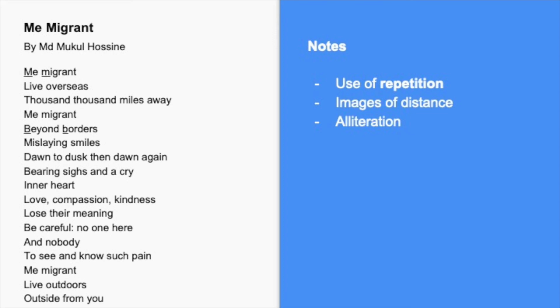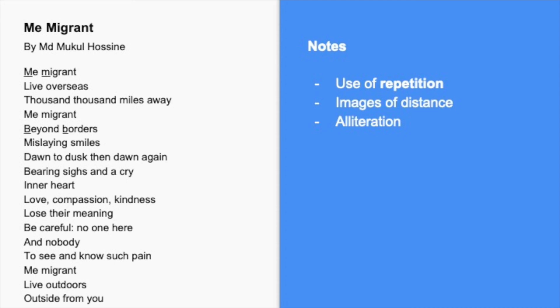So, for example, when he says "thousand miles away," that's a long line, but it really brings home how great his sadness is because he's so far away from home. Another line that is much longer is "dawn to dusk, then dawn again," which to me emphasizes how long his days are, compared to how short the other lines are.